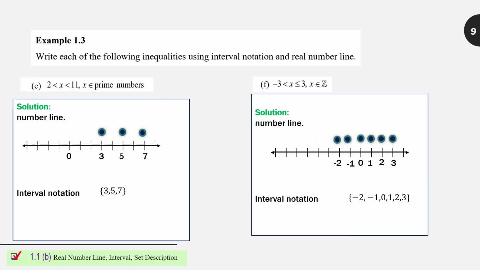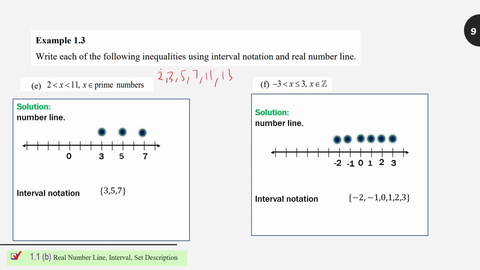Next, for this one you have to notice the question specifically tells you x is a prime number, and the value is from 2 to 11, where 2 and 11 are not inclusive. We know the prime numbers are 2, 3, 5, 7, 11, 13, and the numbers must be in between 2 and 11.